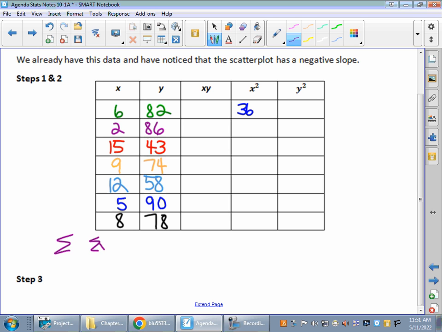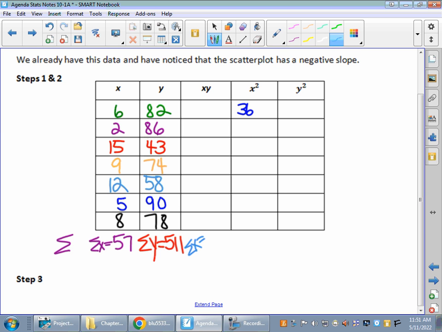So the sum of X, let me jot these down, is 57. I've got the sum of my Y's is 511. I know I didn't fill in all this information, but for the sake of time, I'm just going to jot down what my sums are.